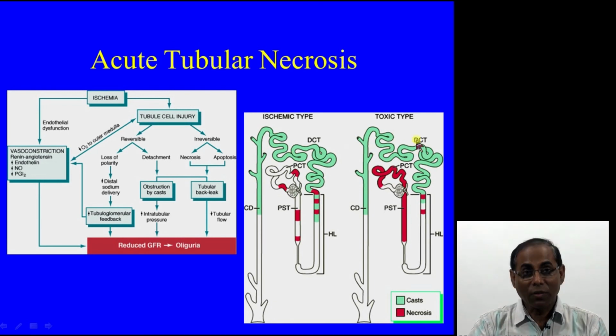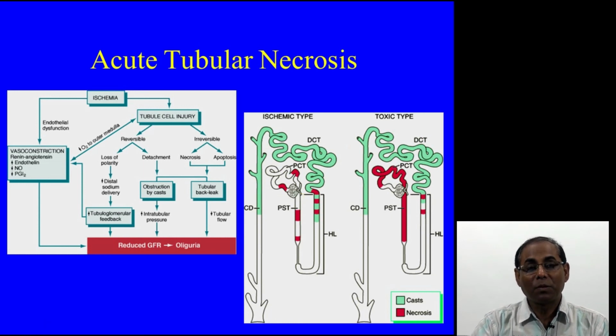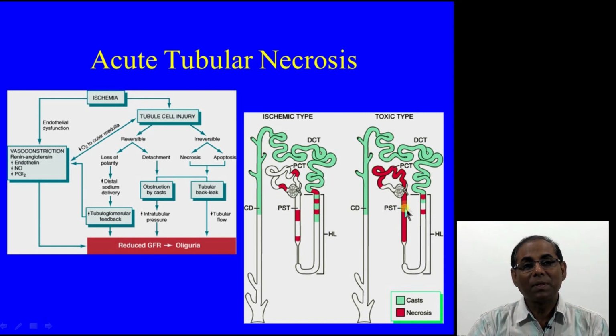Similarly, for a toxin, the toxins also sometimes injure a particular segment of the tubule much more in comparison to the other segments of the tubule. That is why you have to understand that in ischemic type of injury and toxic type of injury, the segments of the tubules which get involved are different, and sometimes there are certain features.